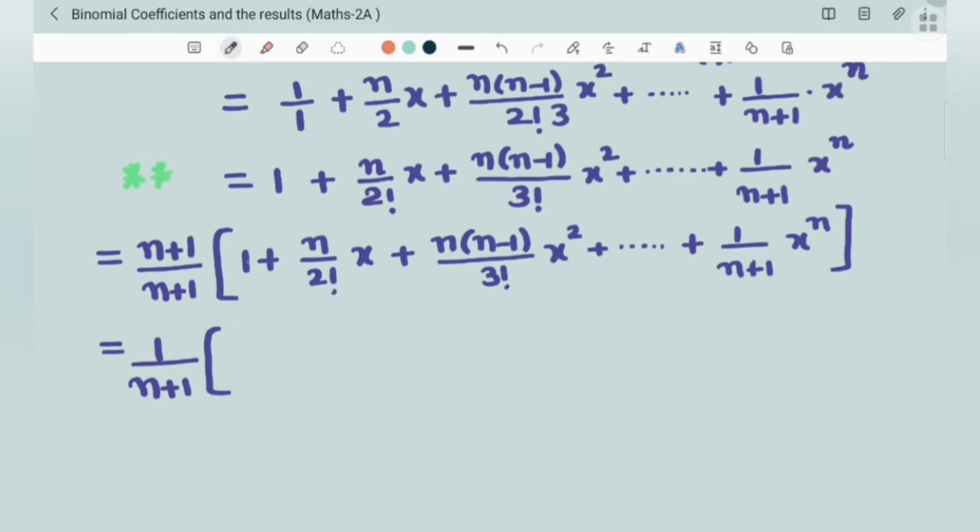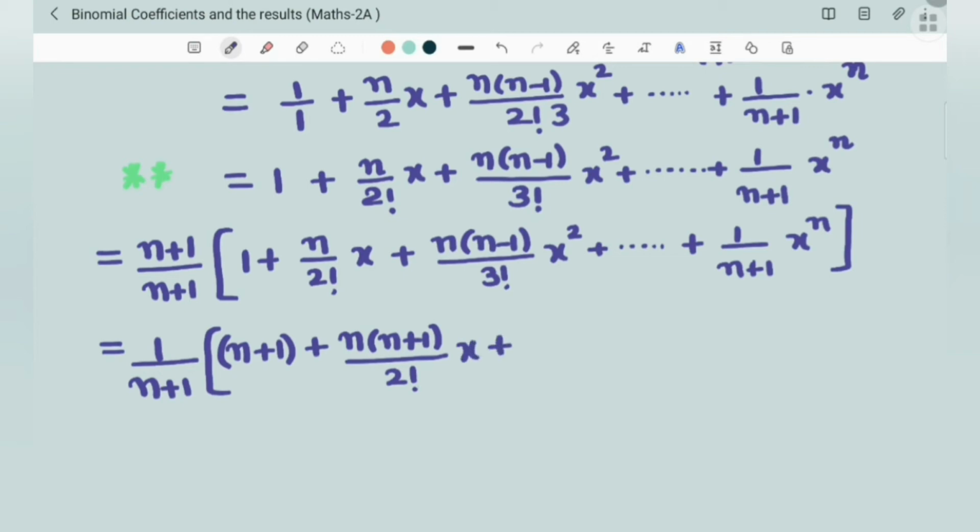So it becomes 1 into n plus 1 is n plus 1 plus n into n plus 1 by 2 factorial into x.